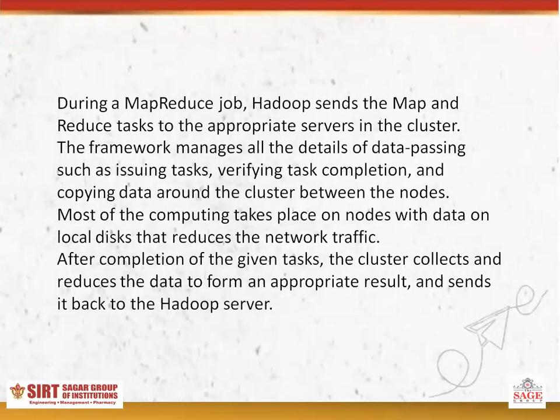Next, during this MapReduce job, Hadoop sends the map and reduce tasks to the appropriate servers in the different kinds of clusters. This framework manages all details of the data passing, such as issuing tasks, verifying tasks, task completion, and copying data between different servers and nodes.